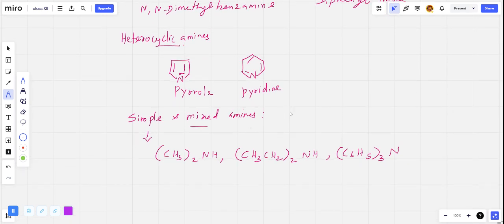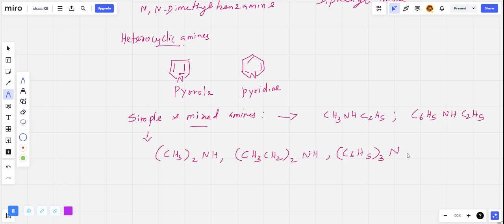If it is mixed amines, it means the alkyl groups are different. So CH3, NH, C2H5, it is a mixed amine. Otherwise, it may be like C6H5, NH, C2H5.